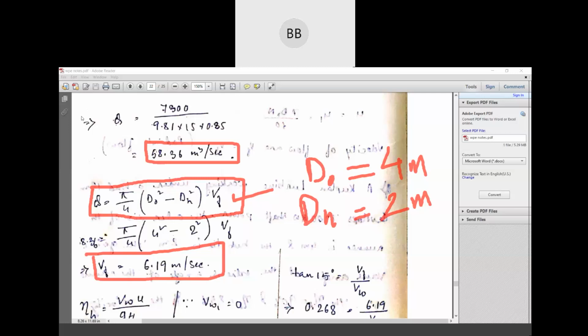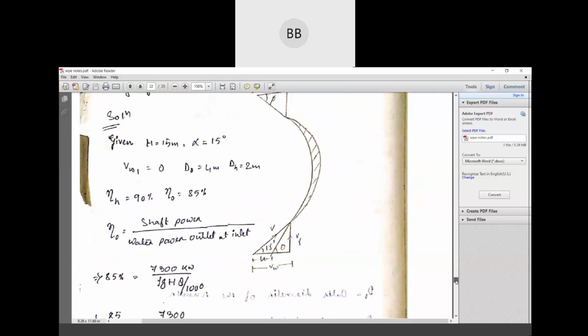Why are we finding Vf? Because to find out theta, if we take this smaller triangle, this is angle theta, this is Vf, and this base is nothing but your Vw minus u.